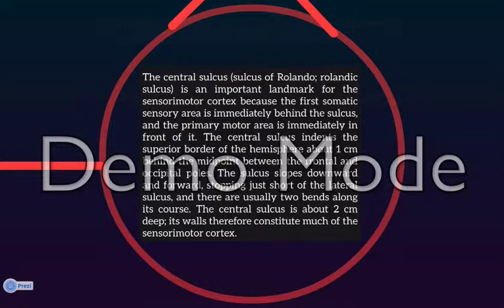The sulcus slopes downward and forward, stopping just short of the lateral sulcus, and there are usually 2 bends along its course. The central sulcus is about 2 cm deep. Its walls therefore constitute much of the sensorimotor cortex.